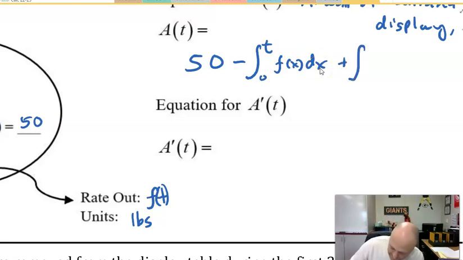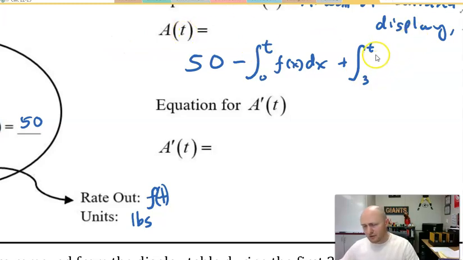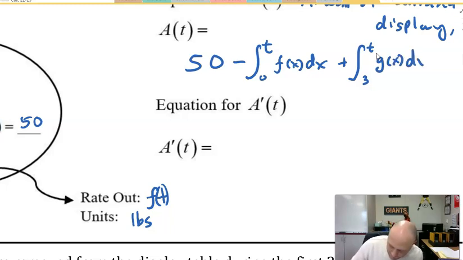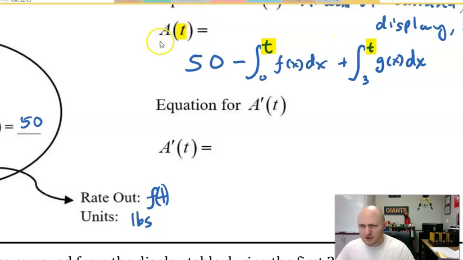We eventually add bananas starting at 3 hours after the store's opened up until hour t, whatever time we want to find this at, assuming this is after 3 hours. And this is the integral of g of x dx. Again, I want different variables from what my independent variable is.